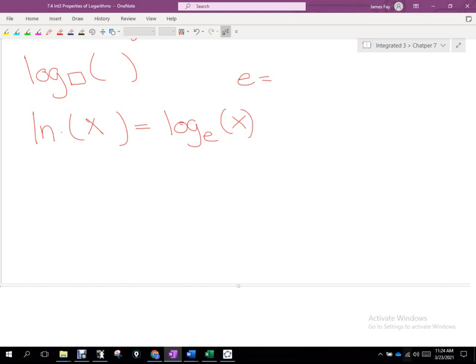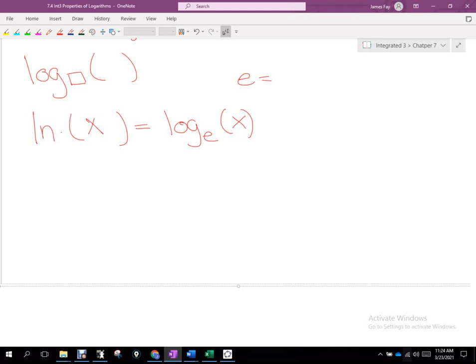So they use ln. But what I've always done, because it gets confusing, especially the first time you've seen it, is that whenever I see ln, I rewrite it by hand as log base e. I do all the work that we've been doing with other logarithms, knowing that e is that 2.7 number, and when I get done and my answer has log base e in it, I rewrite it as ln.